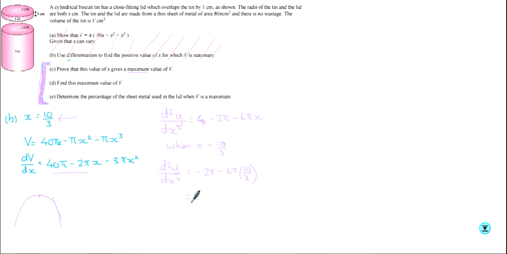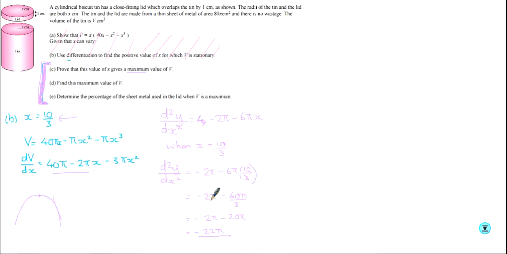It's no big deal. So that's minus 2 pi and minus 60 pi over 3. So that's the same as minus 2 pi, take away 20 pi, which is minus 22 pi.